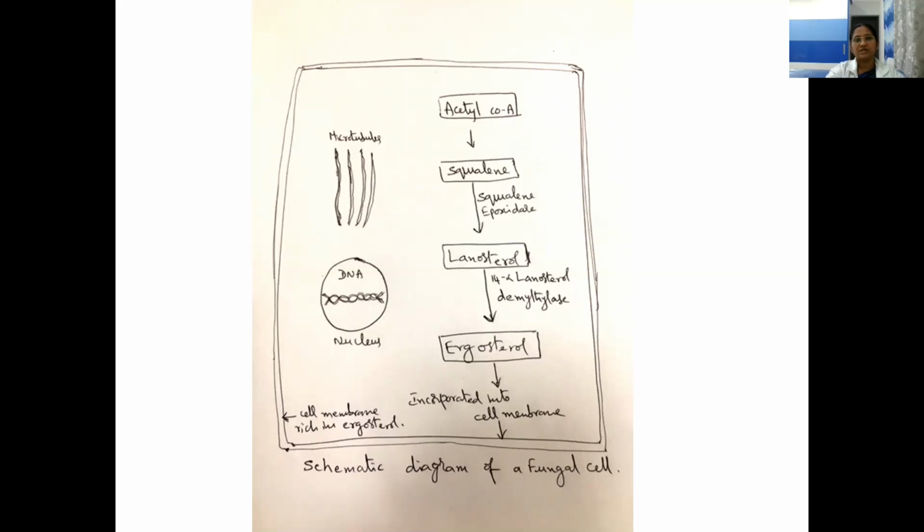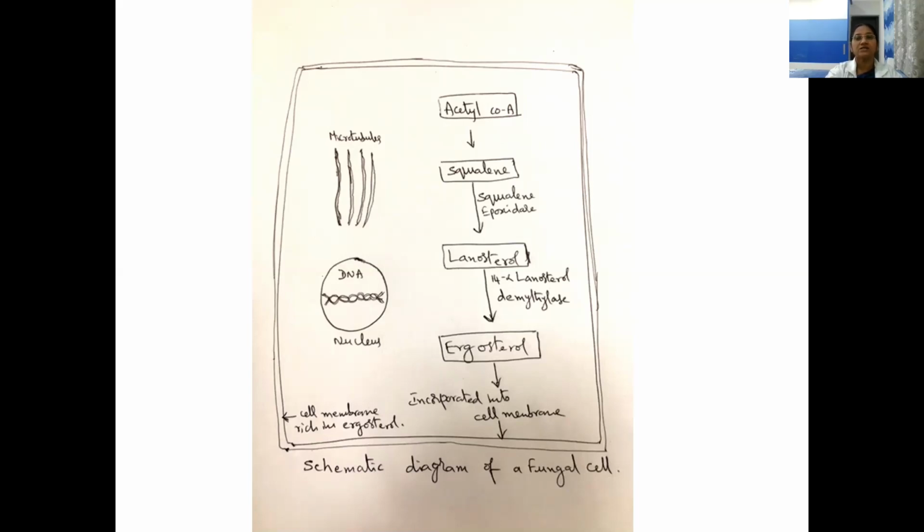This ergosterol is synthesized by the fungal cell with the help of acetyl coenzyme A. From acetyl coenzyme A, squalene is prepared, and squalene is converted into lanosterol with the help of squalene epoxidase. This lanosterol is converted into ergosterol with the help of 14 alpha lanosterol demethylase.